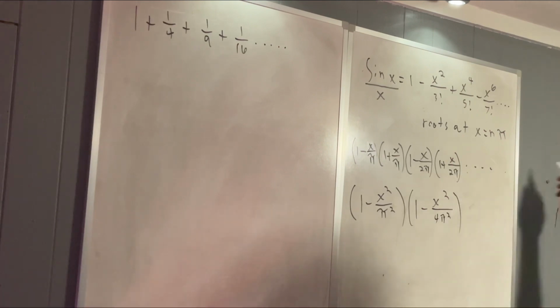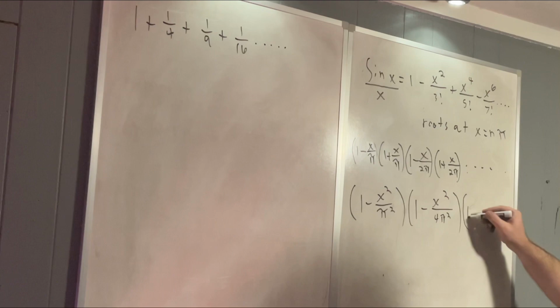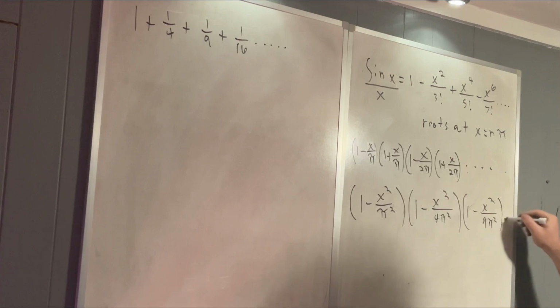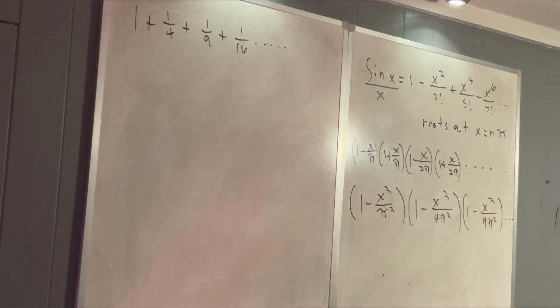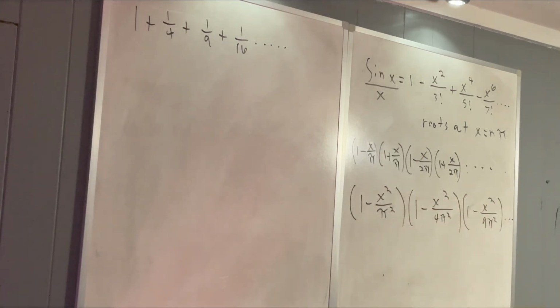Our next term would be 1 minus x squared over 9 pi squared. And this would continue on and on forever. Well, that's a good place to stop for the combining of terms. We're really not going to be able to get a good pattern past this. So that's where we're going to leave it.